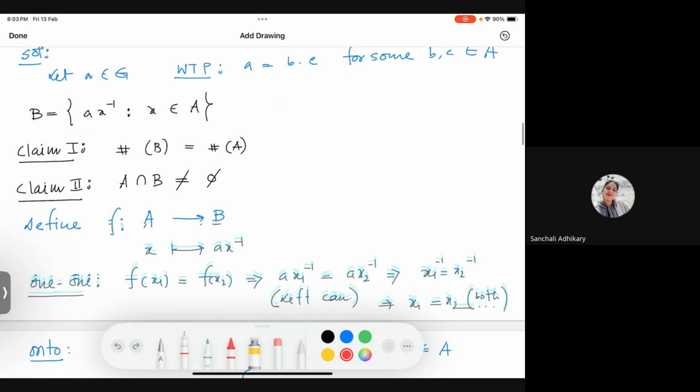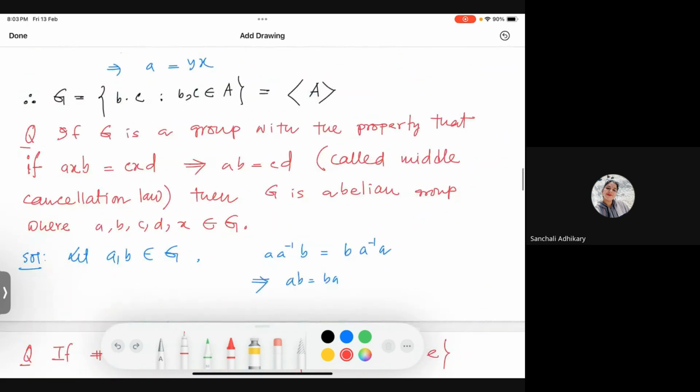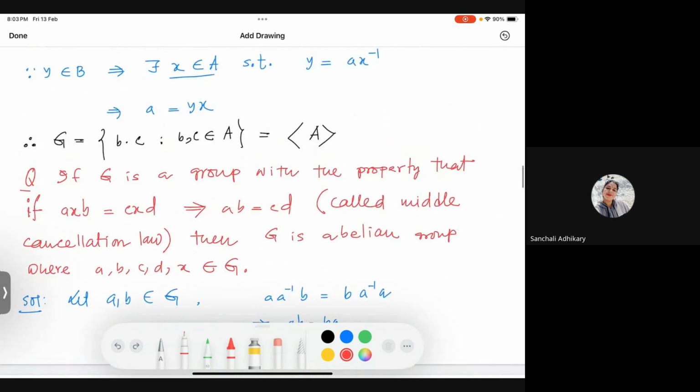This question comes in CSIR NET. So G is equal to B into C, where B and C both belong to A. You already learned the meaning of a generating set, a group generated by a subset of G. Actually, this G is generated by A.